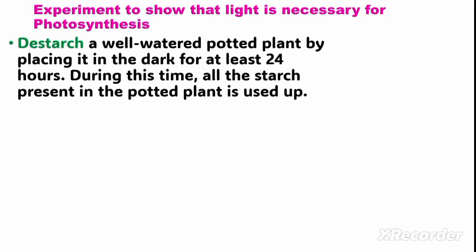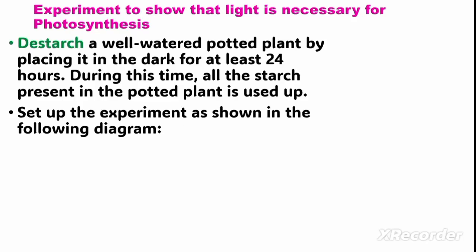We are going to discharge a well watered potted plant by placing it in the dark for at least 24 hours, we are talking about a day. During this time, all the starch present in the potted plant is used up, so the plant will lose the starch.